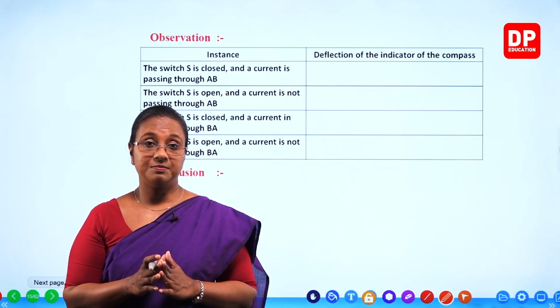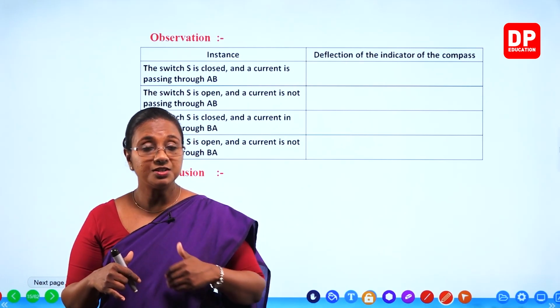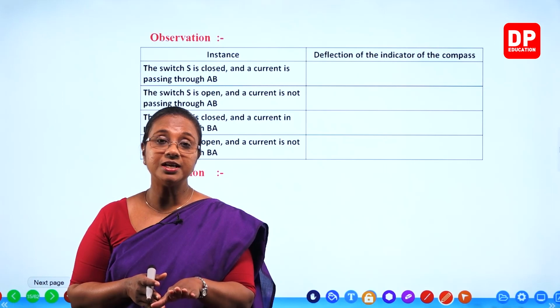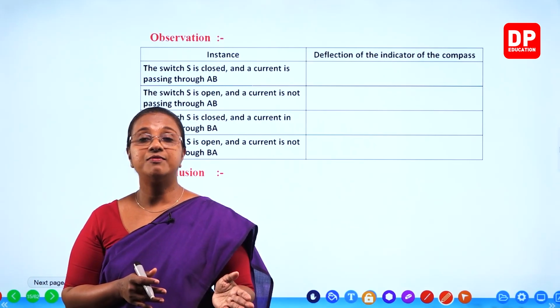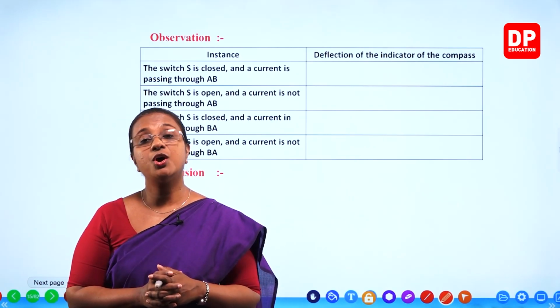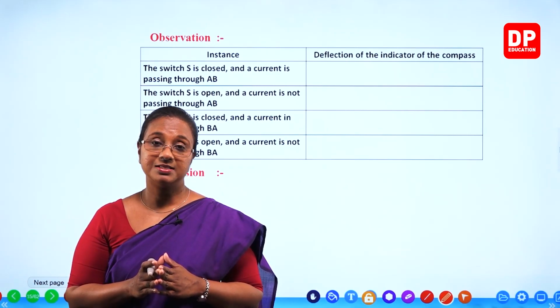At the same time, when you have the batteries the same way, current flowing from A to B, when you have the compass below the conductor, the deflection is in one direction. When you have the compass above the conductor, the deflection was in the opposite direction. That is what you need to understand.